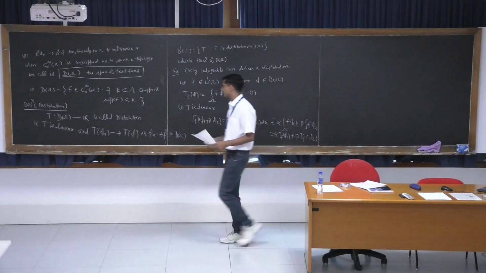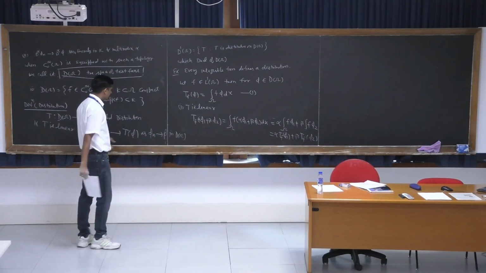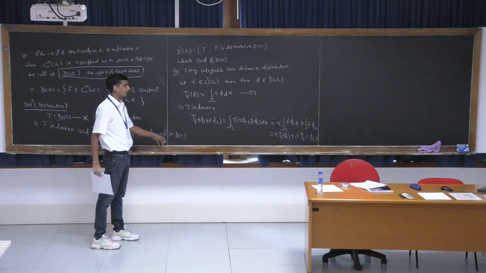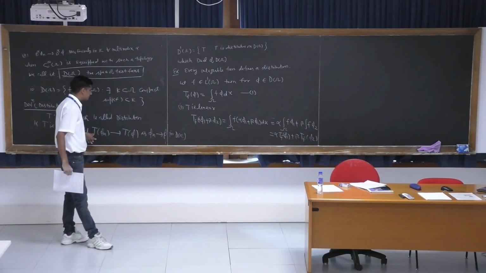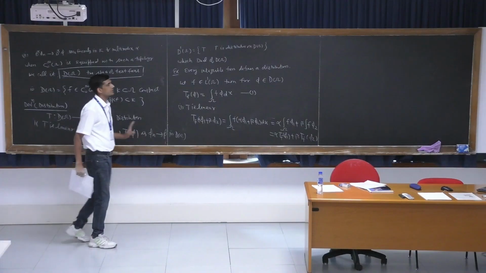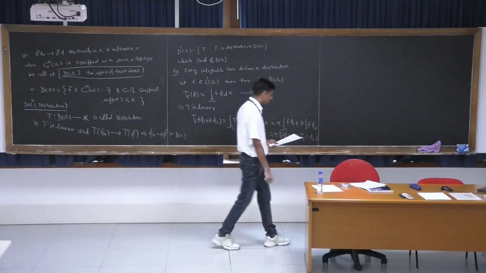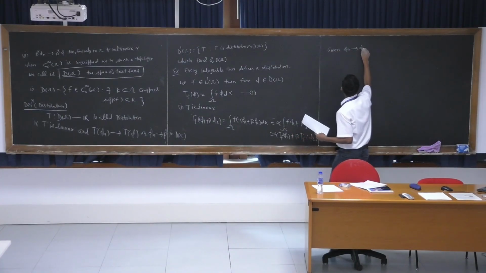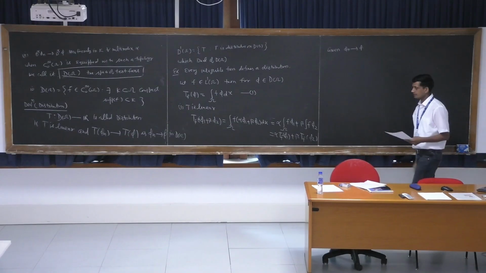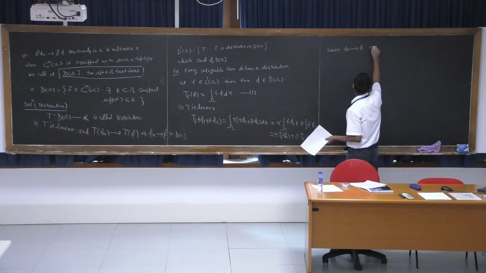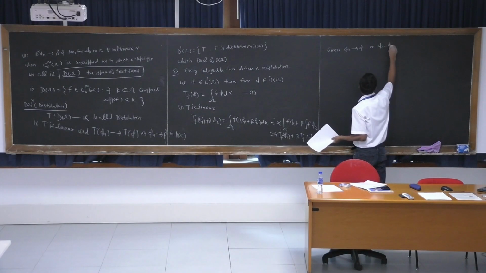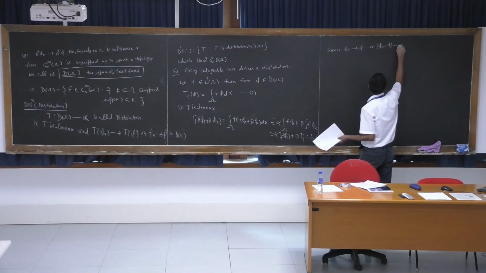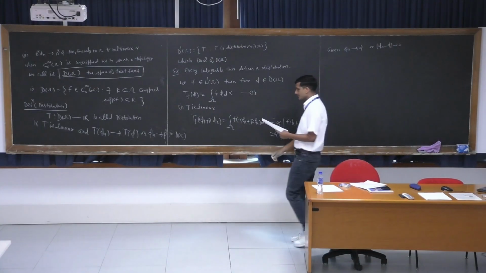Now the second thing you have to prove is that if phi n converges to phi, then T f of phi n converges to T f of phi. You have to prove this also. So given is what now? Given phi n converges to phi. Okay, this means phi n minus phi goes to 0. This is given.